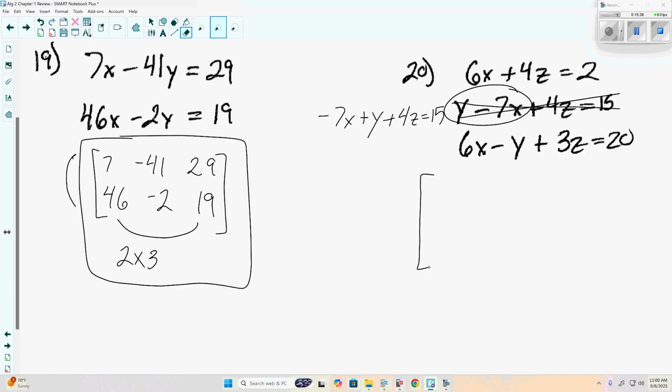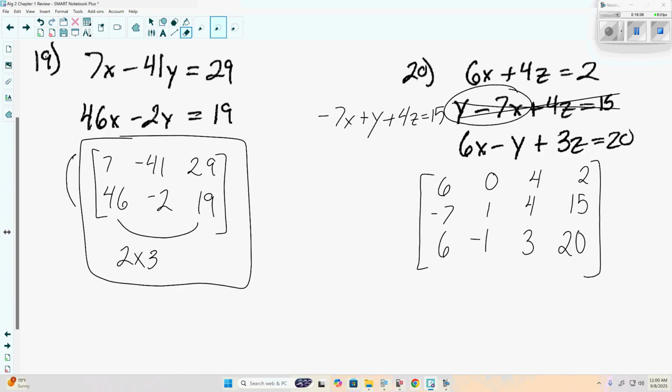Now the first equation, we have 6 for x. We do not have a y value, so it will be 0. 4 for z equals 2. Our middle equation would be -7 for x, 1 for y, 4 for z, and it equals 15. And our last equation would be 6 for x, -1 for y, 3 for z, and 20.